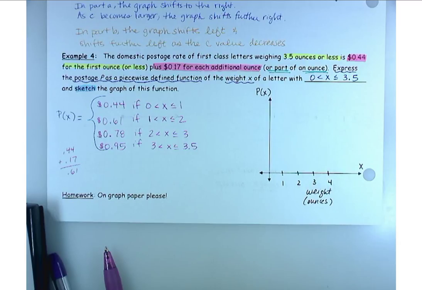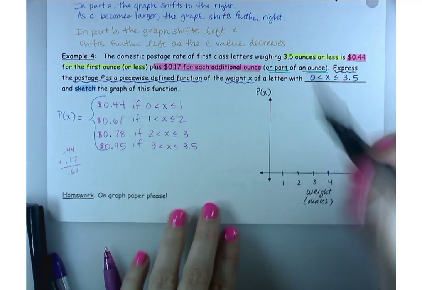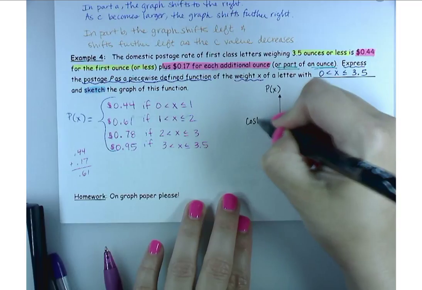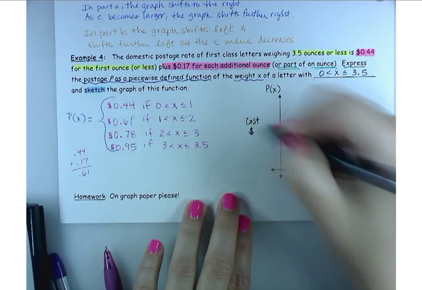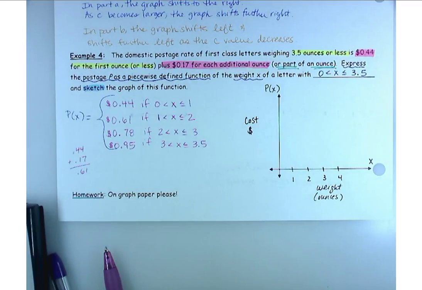Okay, the p of x is representing the what? Yeah, the cost, right? Okay, the price in dollars, the price of your postage. So what's the highest number I'd have to go up to?